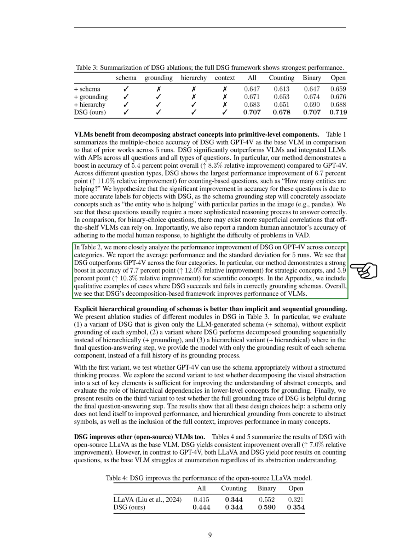Our analysis reveals that DSG outperforms GPT-4v across 4 concept categories, with a notable accuracy increase of 7.7 percentage points for strategic concepts and 5.9 percentage points for scientific concepts. The appendix includes qualitative examples of where DSG succeeds and fails in grounding schemas. Overall, we conclude that DSG's decomposition-based framework enhances the performance of VLMs.